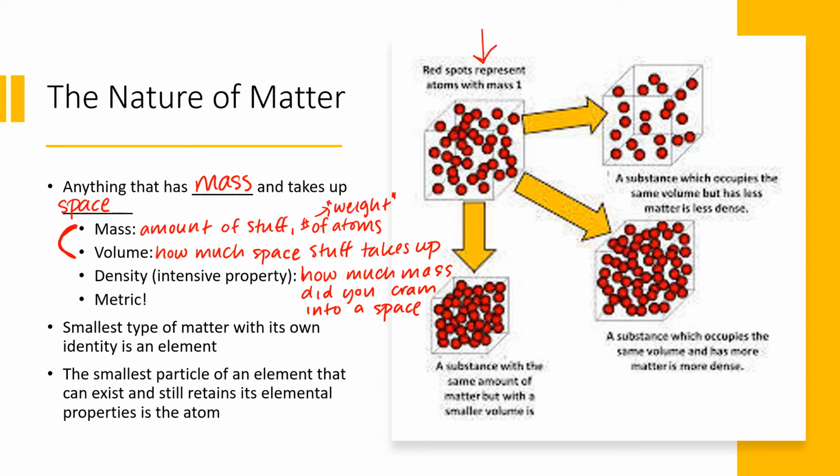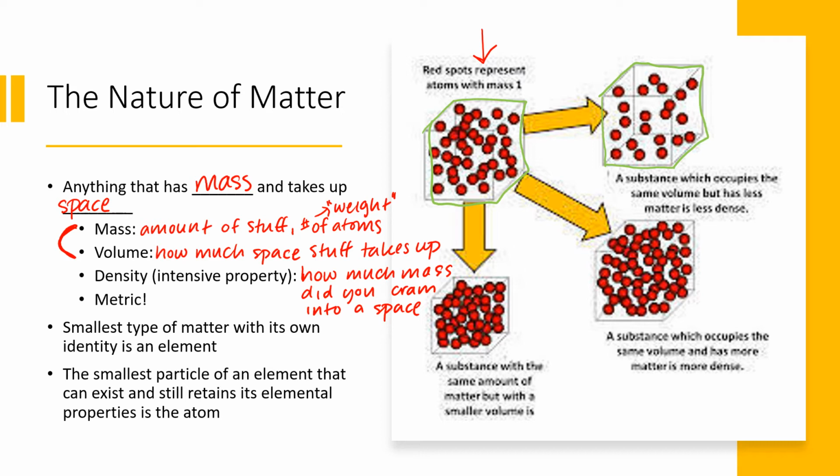So here you have an illustration. You have red spots here, each representing atoms with a mass of 1, and they're in this much space. If you have less stuff in the same amount of space, the density is less. The stuff is packed in less tightly into that space.